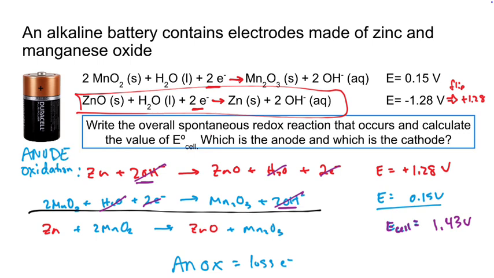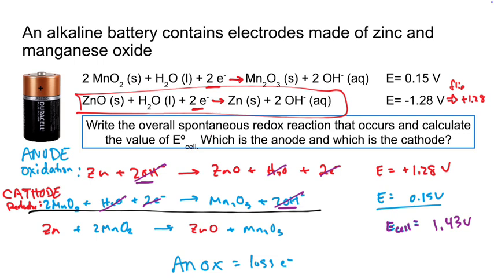And then the other one had to be my reduction because it gained electrons, and then that would be my cathode. Make sense? Questions? Okay.